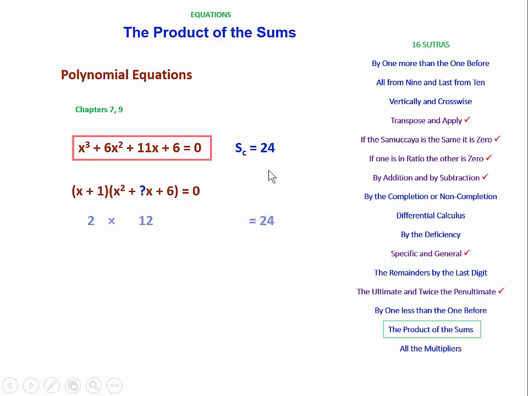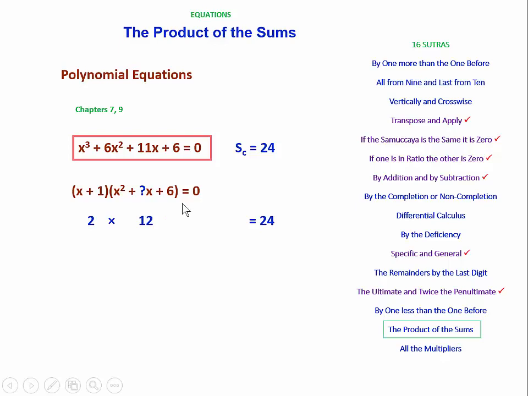In other words, the sum of the coefficients here is 2, the sum of the coefficients here is unknown, but the sum of the coefficients here we know is 24. So 2 times something must come to 24. This must be 12. In other words, the sum of the coefficients here must be 12, and because we've got a 1 and a 6, which comes to 7, that leaves 5 for the missing coefficient.